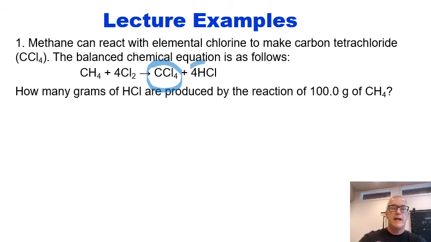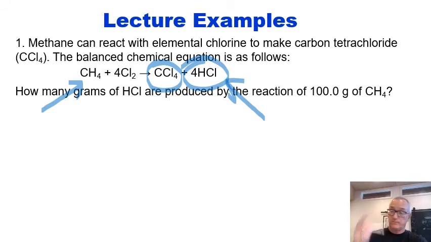And HCl, or hydrochloric acid, or you could just call it hydrogen chloride. So the question is, how many grams of this product do we make if we start with 100 grams of that reactant?